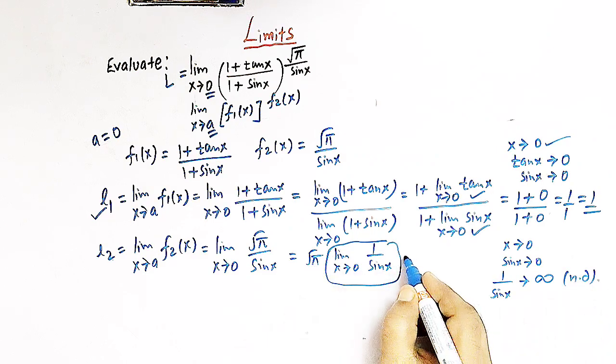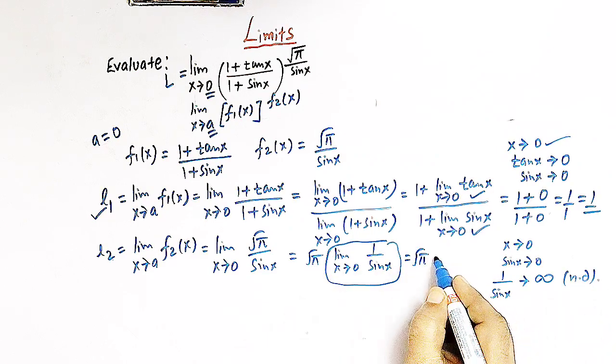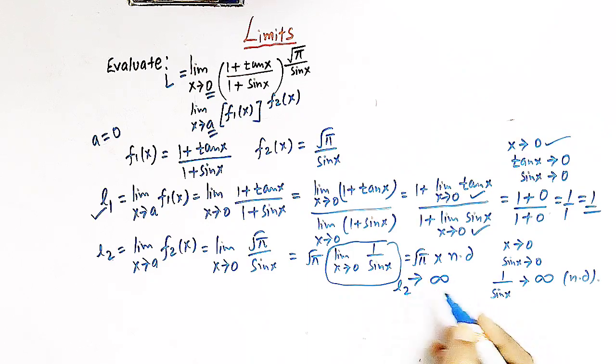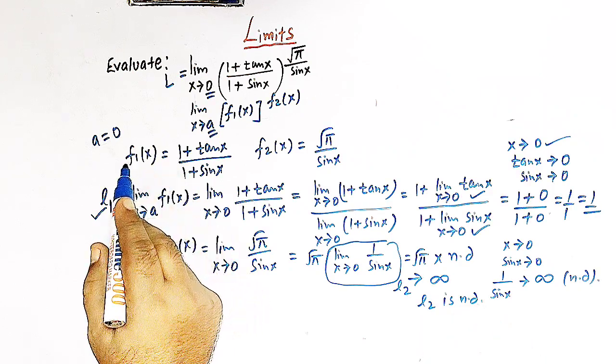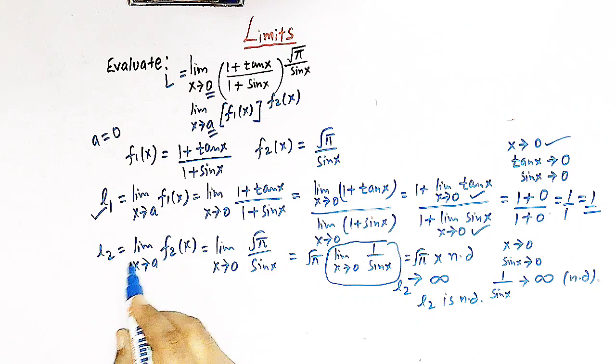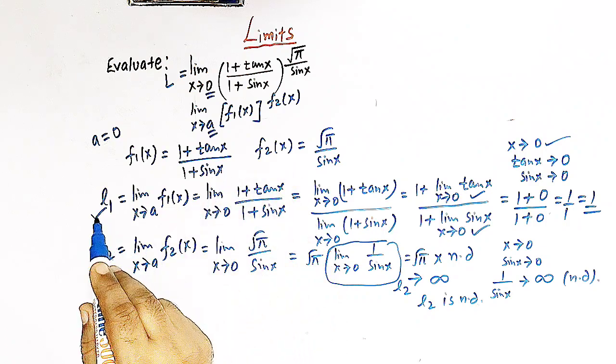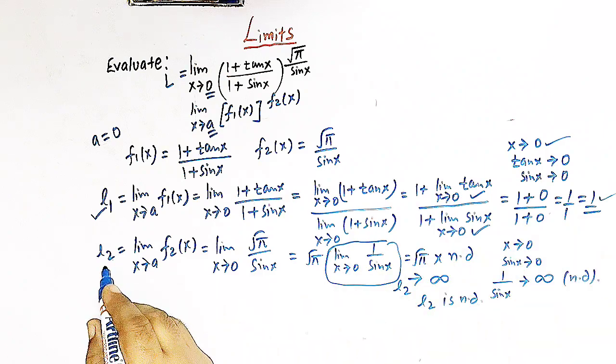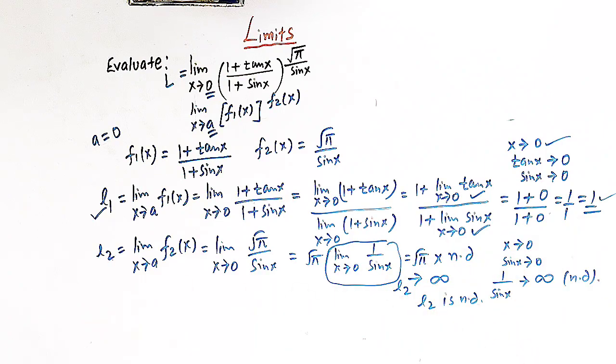So here we have square root of pi, and this limit is not defined. So L2 tends to infinity, that is, L2 is not defined. So these two functions f1(x) and f2(x) satisfy the condition that L1 is equal to 1 and L2 is not defined.